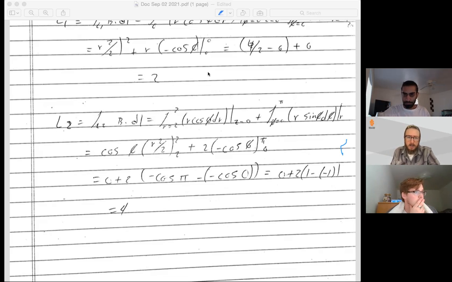So you take the dot product of two different vectors: B is a vector field and DL is also a vector. When you do that, you're going to get an integral that you can do over two parts, because you'll end up with a dr and a d phi.